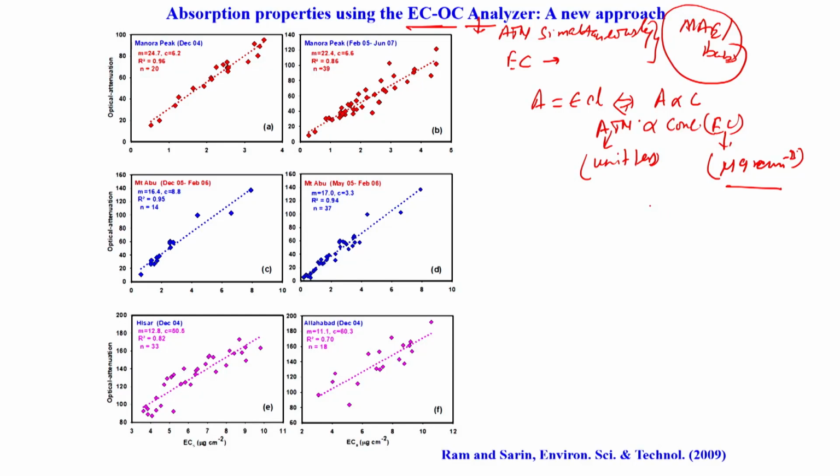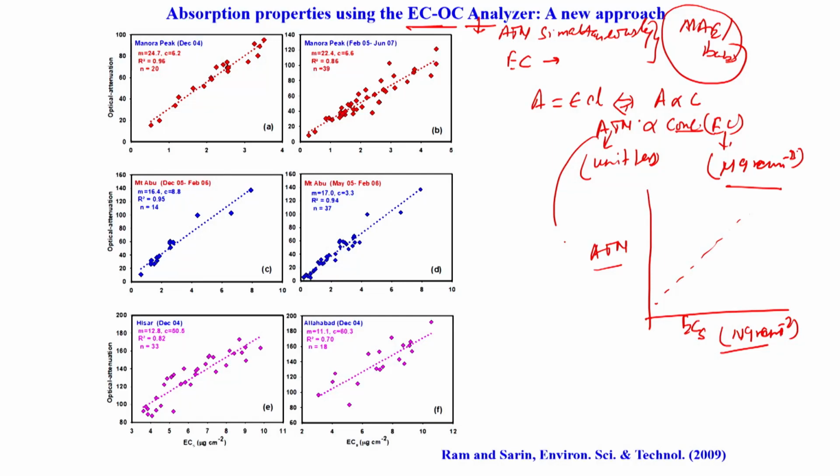If you plot attenuation against elemental carbon, what kind of relation will you see? You will see a positive linear relationship, because attenuation is directly proportional to C.